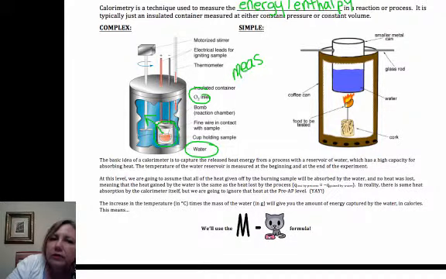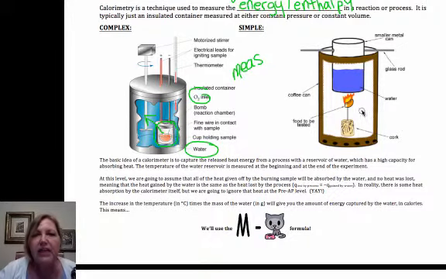And so what we'll be able to equate is that the heat given off by the combustion is going to be equal in magnitude but opposite in sign to the heat absorbed by the water. That's not saying the heat absorbed by the water is negative. It's saying they're equal in magnitude, opposite in sign.